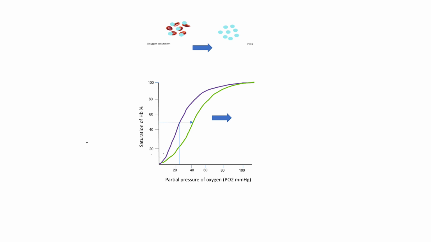In peripheral tissues, this helps in delivery of oxygen to tissues, as more oxygen is offloaded from hemoglobin and it becomes available for utilization by cells. This also means that with a shift of the curve to the right, a higher partial pressure of oxygen is required to achieve a given saturation.